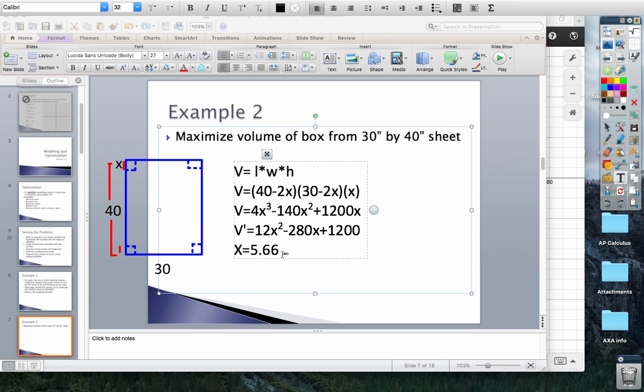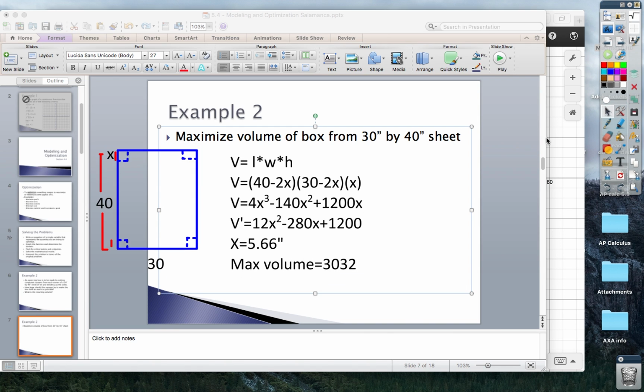So the length we should cut is 5.66 inches. And then that max volume is equal to 3032.